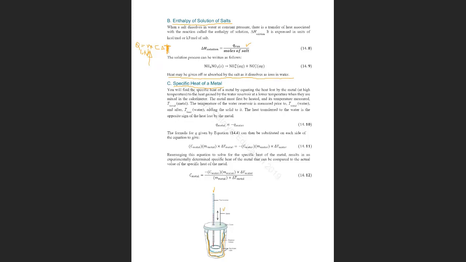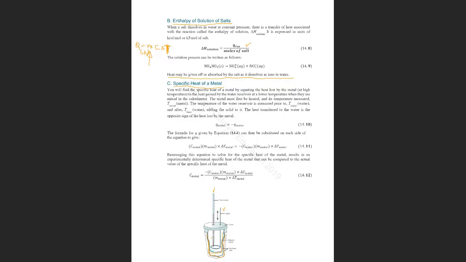So basically, we are going to have a solution here inside the calorimeter, and we are going to measure the temperature of that solution. And then we are going to add a piece of metal that we know how much metal we have. And we know we put that metal in boiling water, so it's very, very hot. We know the temperature of the metal when it's hot. That will be the initial temperature of the metal. And we are going to drop that in the water inside the calorimeter.